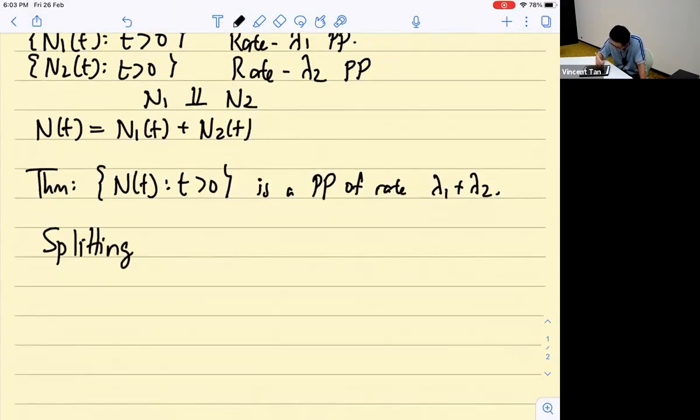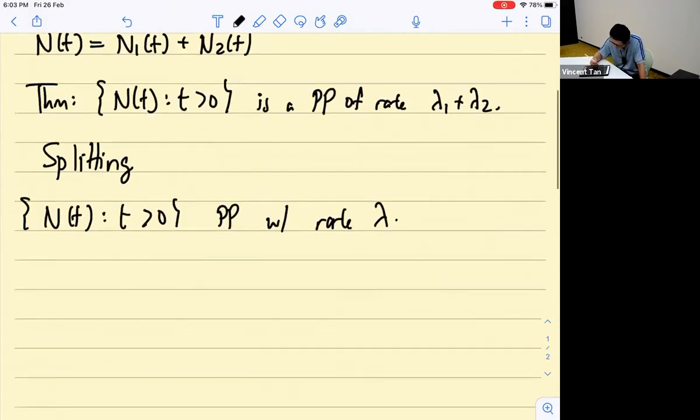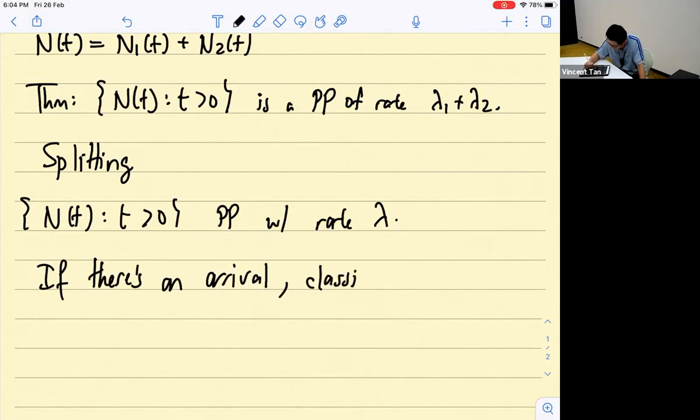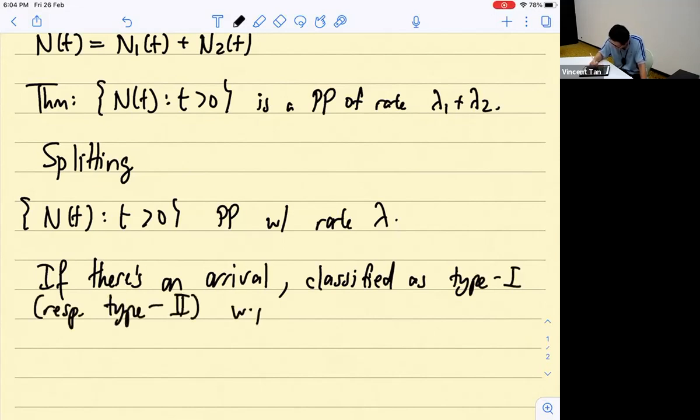Here we start off with N(t), a Poisson process with rate lambda. At every point in time, if there's an arrival, then it gets classified as type 1 or type 2, with probability p and 1 minus p.